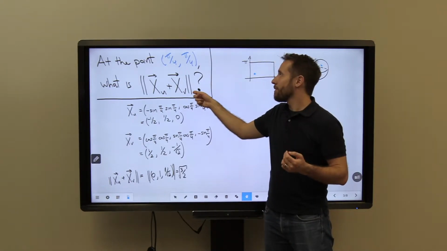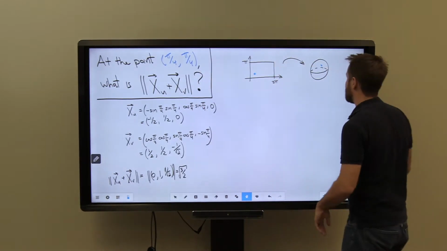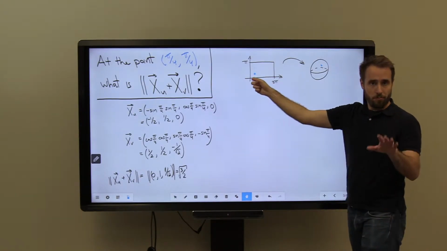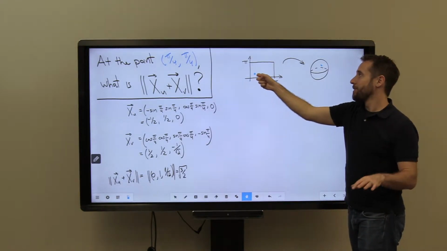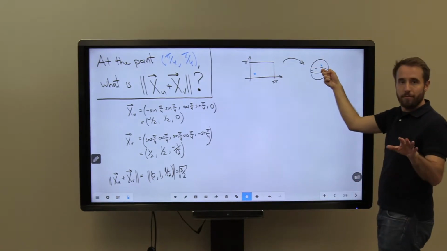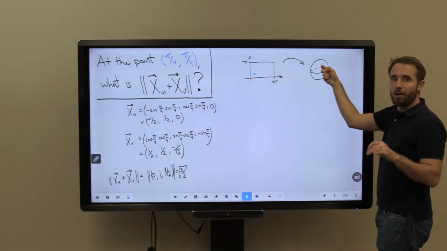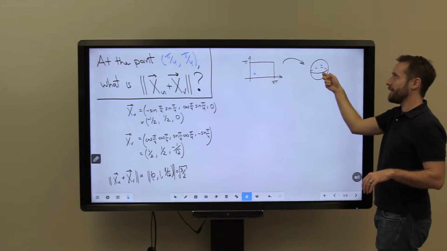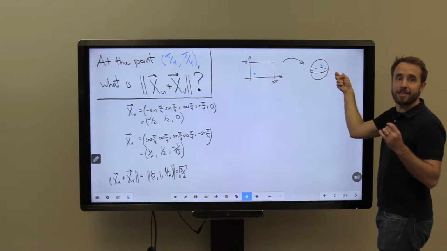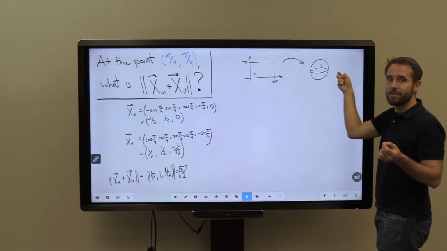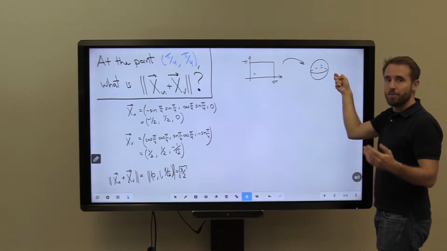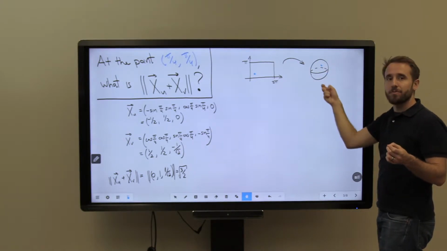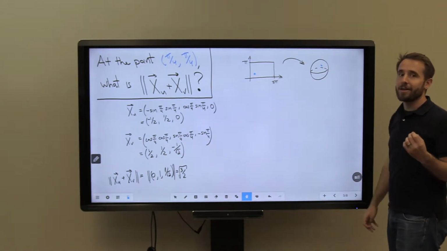Right, so let's be clear, pi over 4, pi over 4 is a point in our domain space here. But after we map that via our parameterization, that's going to be a point on the sphere. X sub u is going to be a vector in the tangent space out here. X sub v is going to be a vector in the tangent space out here. So xu plus xv will be a vector over here in three-dimensional space, and we might be interested in knowing how to compute its length.